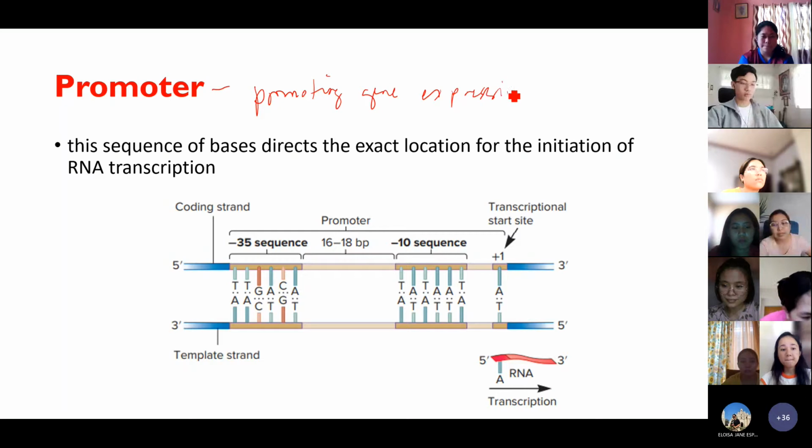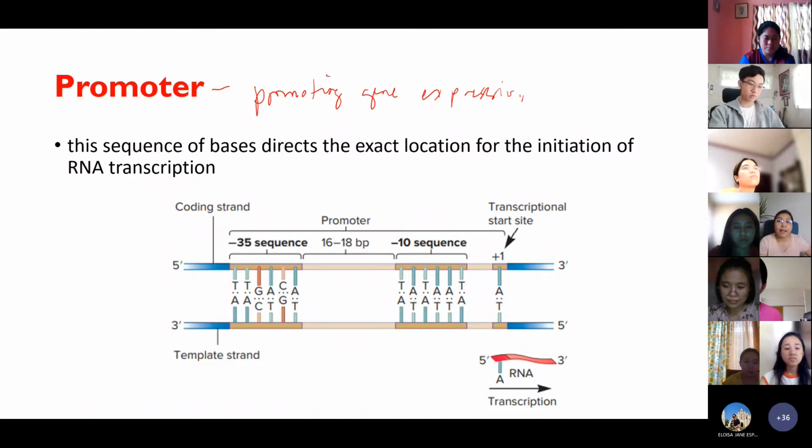More precisely, this sequence of bases directs the exact location for the initiation of RNA transcription. Most of our promoters are located upstream of where the gene transcription begins.